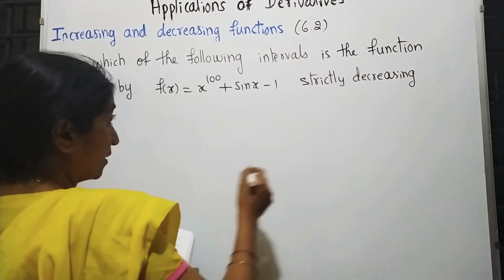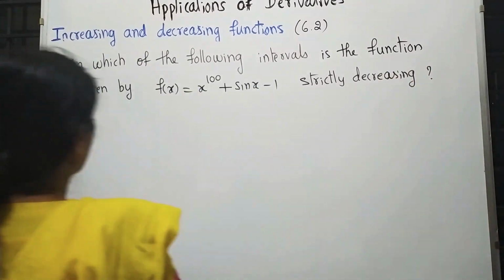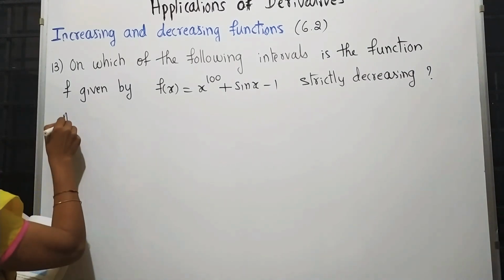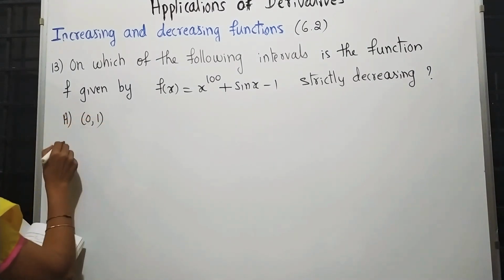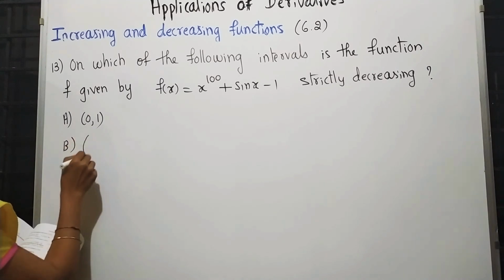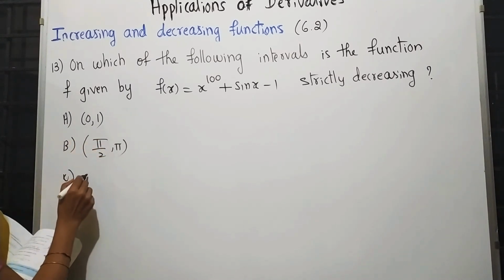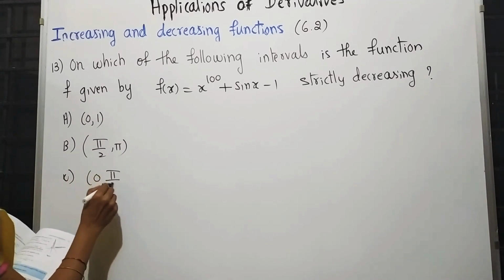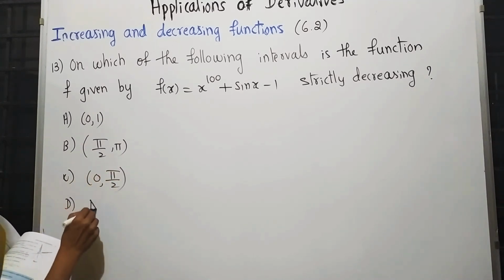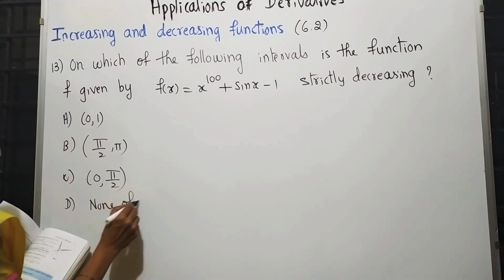See, 100% it is a multiple choice for CET. Options: A, 0 comma 1; B, pi by 2 comma pi; C, 0 comma pi by 2; and D, none of this.